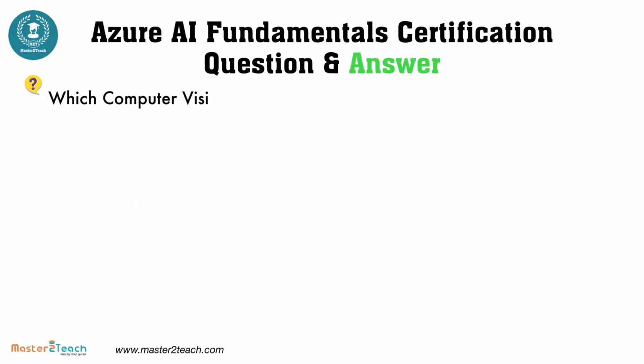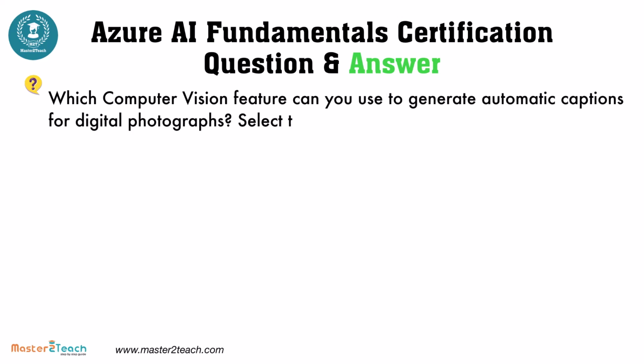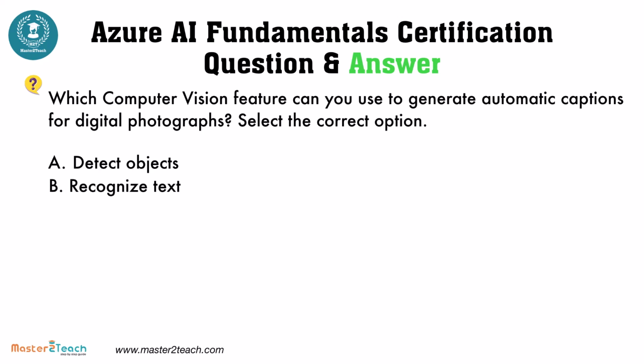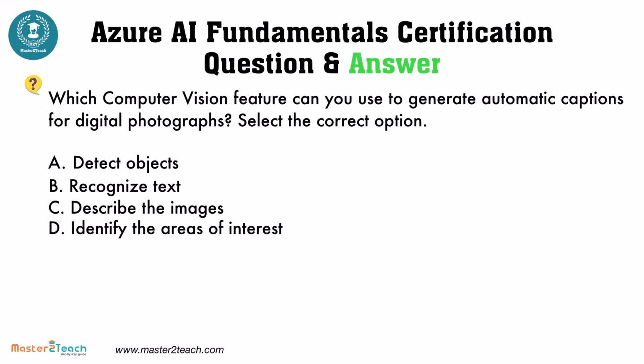Which computer vision feature can you use to generate automatic captions for digital photographs? Select the correct option. The options are A. Detect objects, B. Recognize text, C. Describe the images, D. Identify the areas of interest.